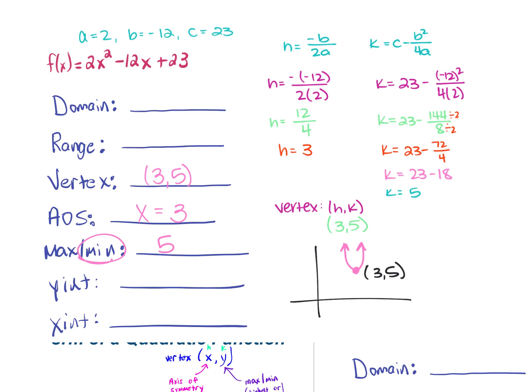Are you going to have any points cross over that x-axis? No. So keep that in mind while you're doing this. If you're finding your domain, your x values, what are your x values that are being covered by that graph? All of them. So from negative infinity to positive infinity.